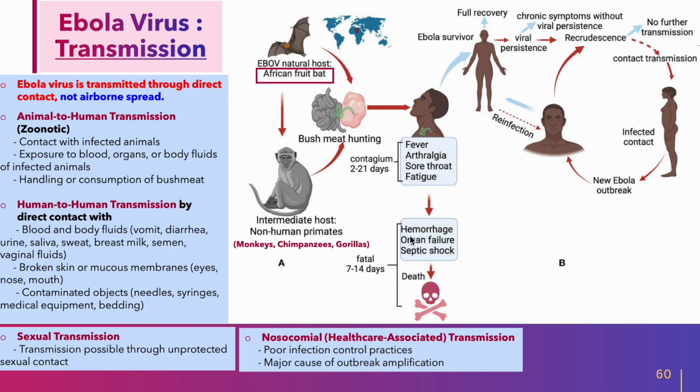Symptoms like hemorrhage, organ failure, septic shock happen, and lead to death. For human to human transmission, it's by direct contact with body fluid, blood, also vomit, diarrhea, urine, saliva, sweat. So all of the body fluids can be infectious.